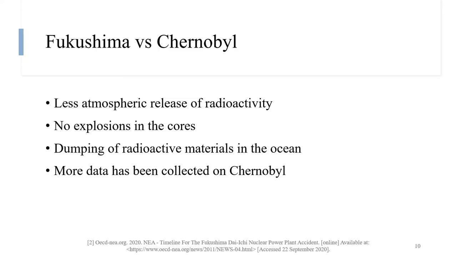And so radioactive particles from the Fukushima nuclear disaster are being found in local wines in the Napa Valley. Since more data has been collected on Chernobyl relative to Fukushima Daiichi, it remains inconclusive which nuclear disaster is worse, but one could predict that Chernobyl was worse because of the direct influx of radioactive material into the atmosphere.